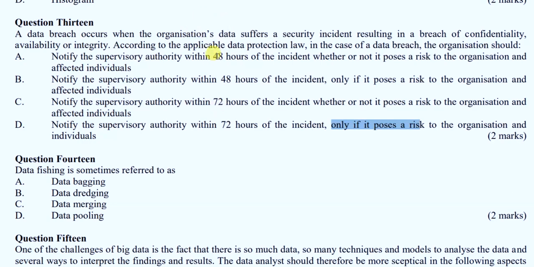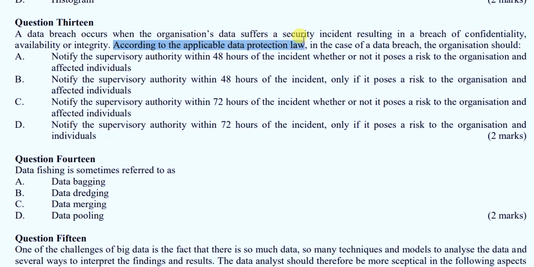So this question ought to have read, a data breach occurs when the organization's data suffers a security incident resulting in a breach of confidentiality, availability, or integrity, according to the General Data Protection Regulation. The proper wording should have been according to the General Data Protection Regulation, and not just according to the applicable protection law.